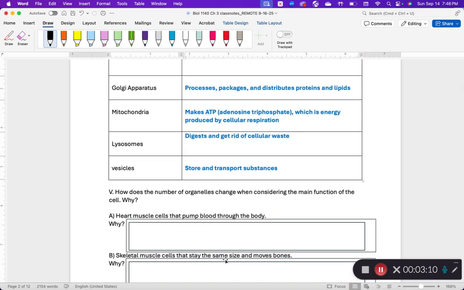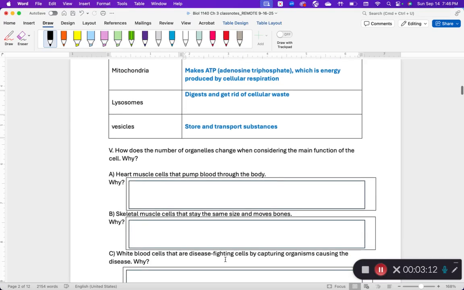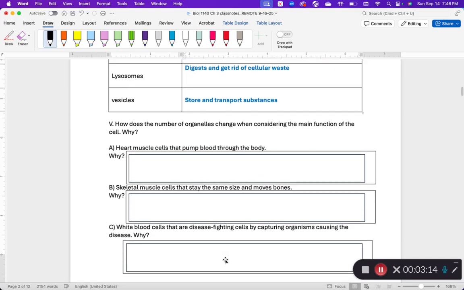So now that you unpaused, this next part is about thinking how the organelles would change when you consider the main function of the cell, and why you expect that change. So again, the question is how does the number of organelles change when considering the main function of the cell, and why?